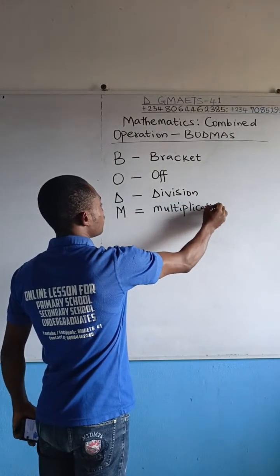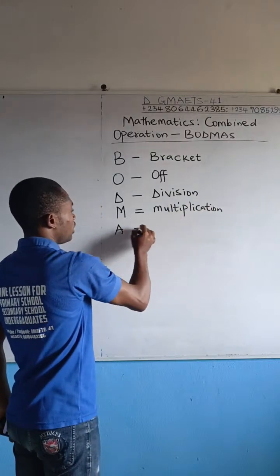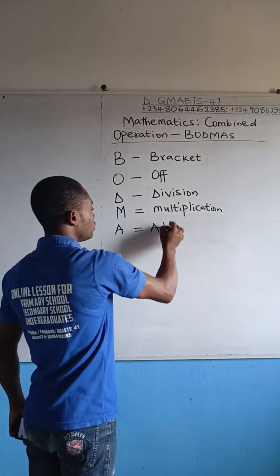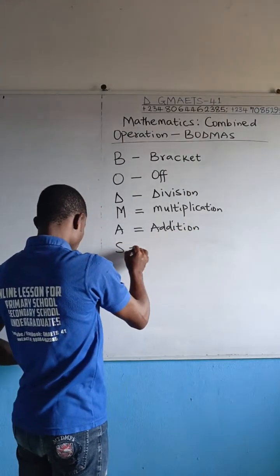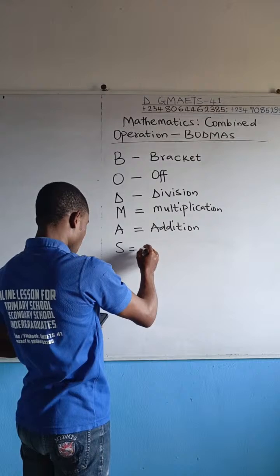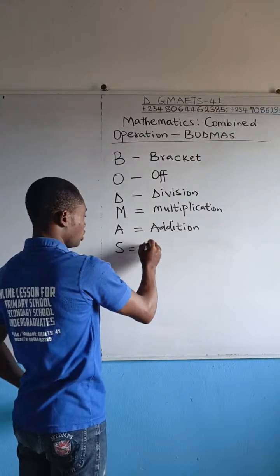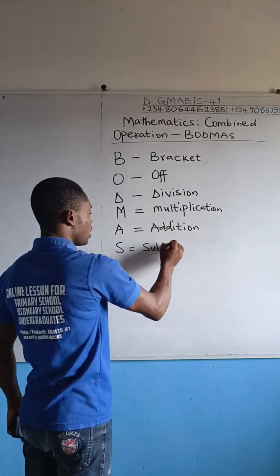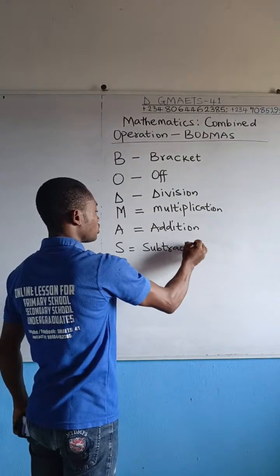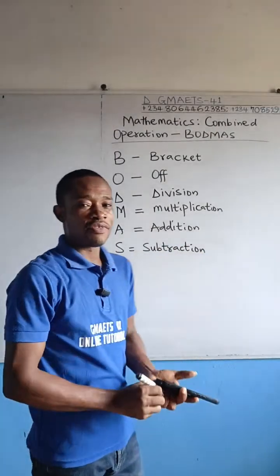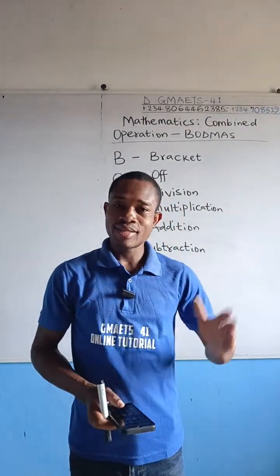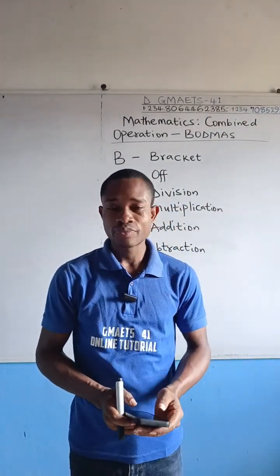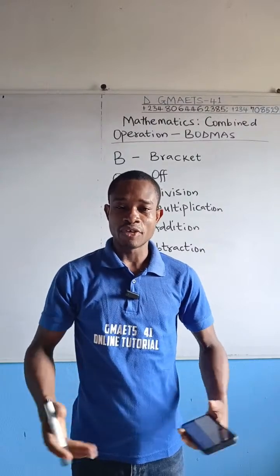Then we have A. A means addition. Then, of course, S represents subtraction. So whenever you are given a combined operation, this is the order you follow.